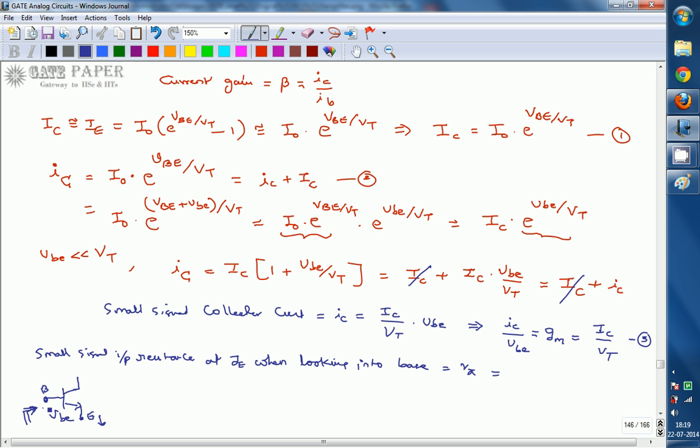This is VBE only. Voltage from base to emitter is the same, but whenever you are looking into the base side, that resistance is going to be called RBE. It is going to be treated as VBE divided by IB. Whereas if you are going with emitter first, it is called RE. By that time it is VBE divided by IE. Both are going to be different.